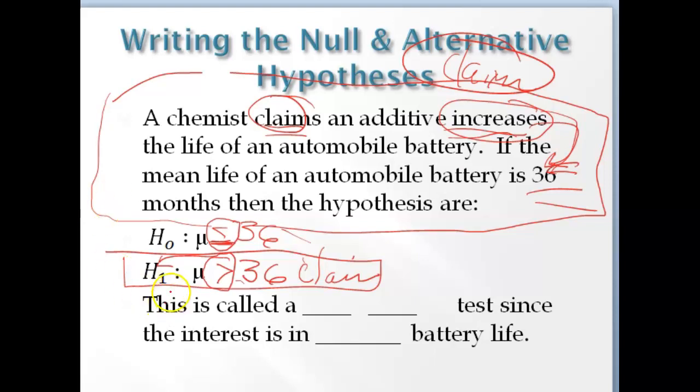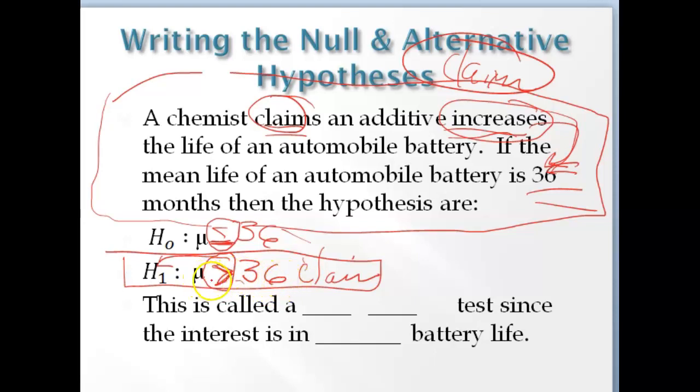So the claim is that the mean life of the battery is going to be greater than 36. So identify the claim. Once you identify the claim, determine whether it's the alternate or the null hypothesis. So here it would be the alternate hypothesis because it's strictly greater than. And then once you do that, what you do is find the complement of the claim.